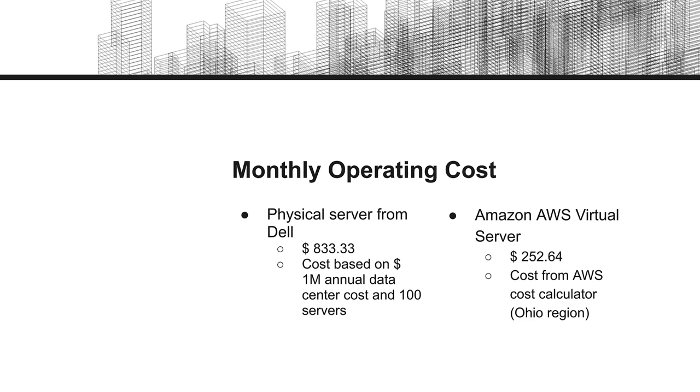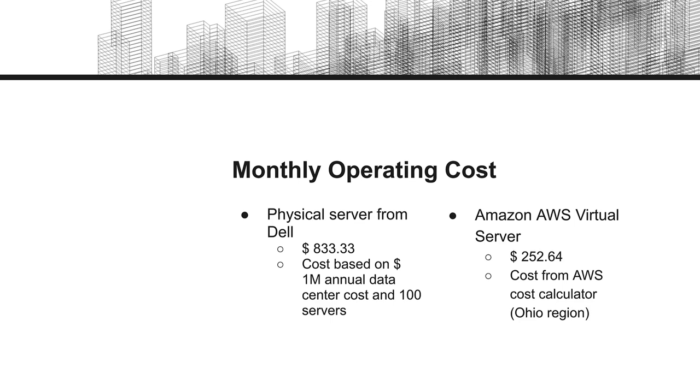But if you take that example and then look at the AWS virtual server, I used the cost calculator from AWS, and I punched in the Ohio region. So a very similar server, same amount of memory, same amount of hard disk space, similar number of cores. It's $252.64, and that's running the Linux operating system.